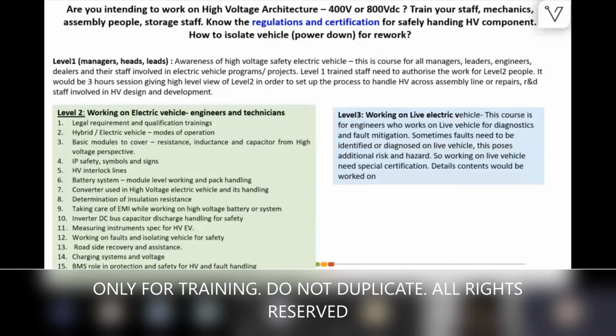So we do certifications. We can do these programs for managerial level and for people who directly work on it, because a manager has to sign some cards, so there are some processes involved.